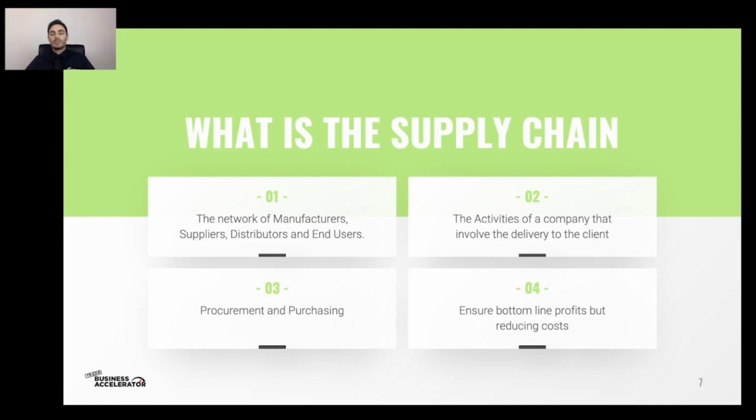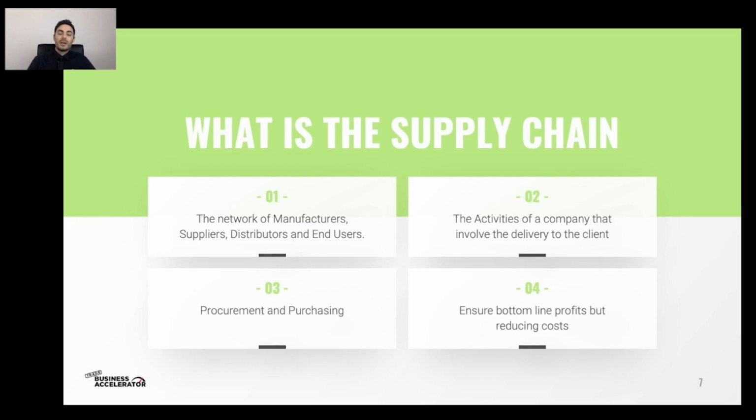Supply chain management involves the activities of our company that involve delivery to the client, what relationships we need to have in place, and what management of the logistics between each stakeholder needs to happen, in order to ensure that what we're delivering is delivered to the customer at the best possible price and efficiency, but also in the most efficient way so that we profit the most out of that transaction as we possibly can.